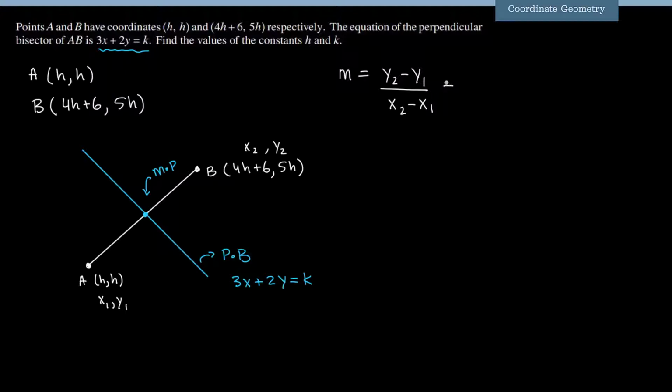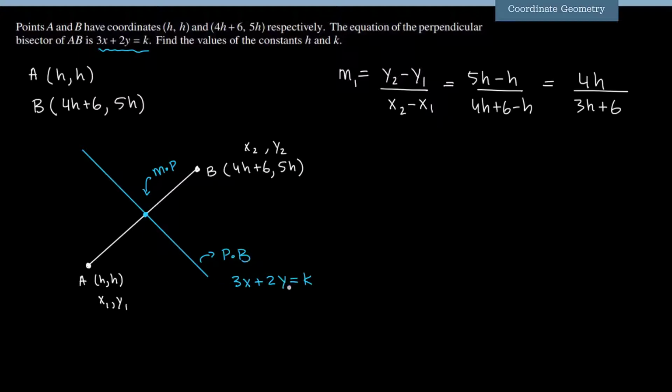So this would be equal to (5h - h) divided by (4h + 6 - h). 5h - h is 4h and 4h + 6 - h is 3h + 6. This is the gradient of this white line, so I'm going to name it m1.